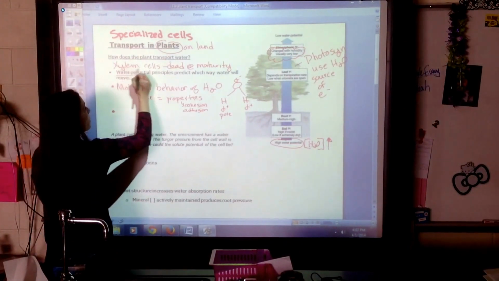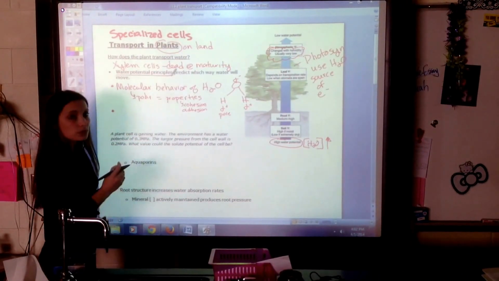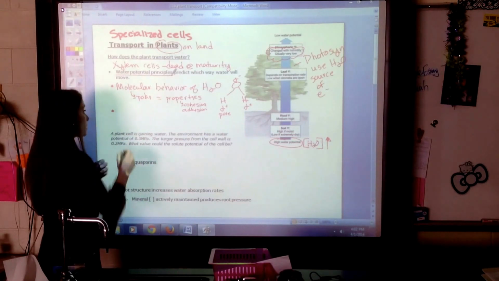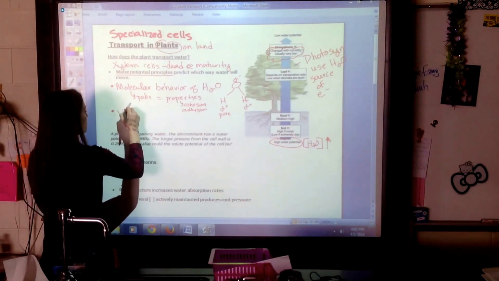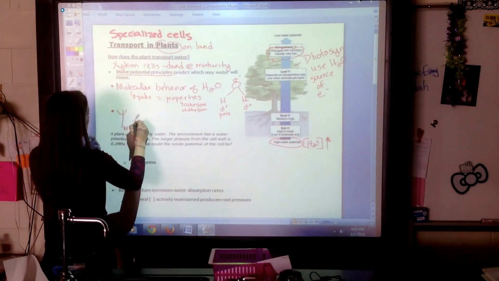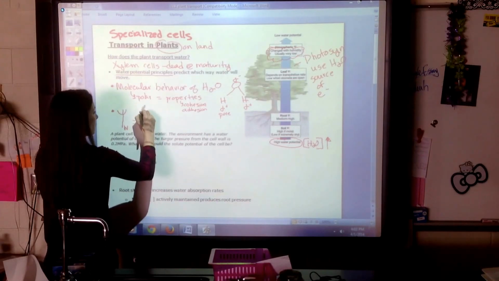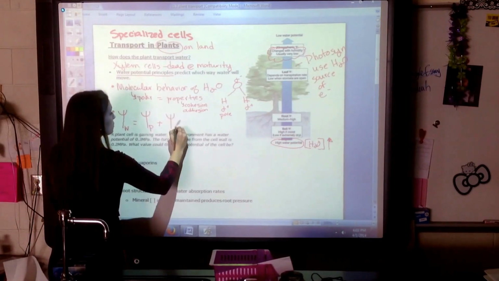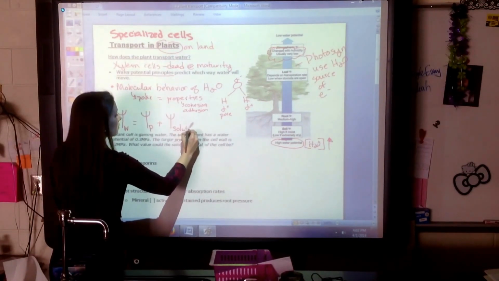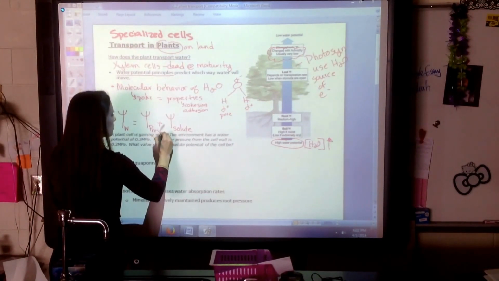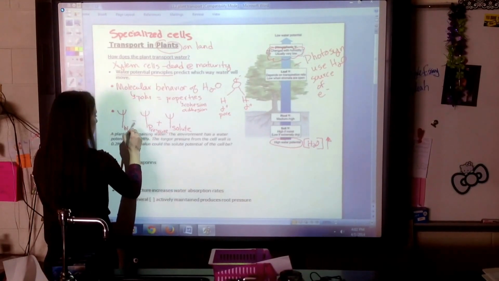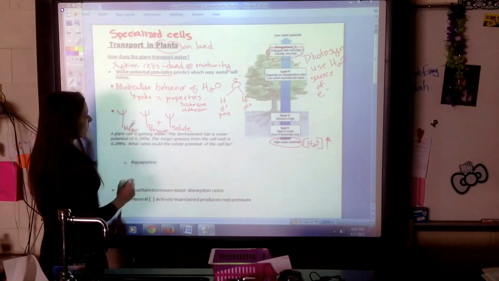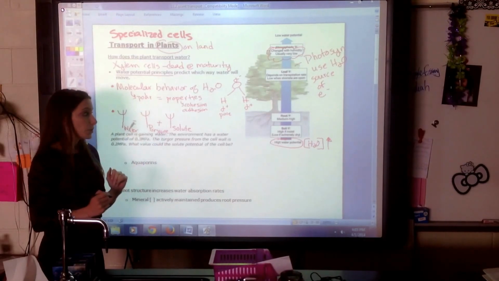But when we actually look at water potential principles, we're looking at transport, and we have some equations. Water potential is the result of pressure potential plus solute potential. Pressure and solute. Water potential is pressure potential plus solute potential.